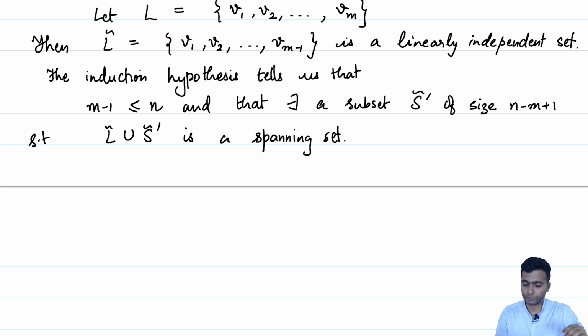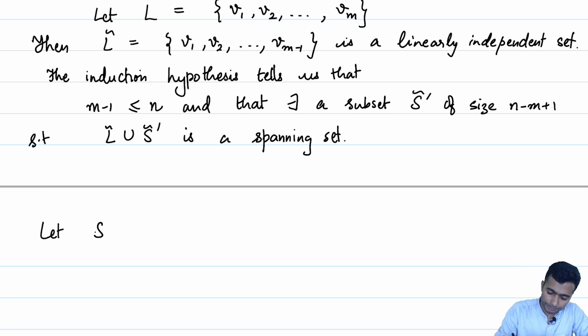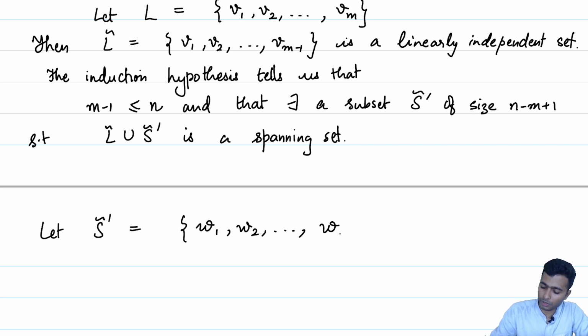All right. So, let us enumerate the vectors in S tilde prime. Let S tilde prime be the set W1, W2 up to W n minus m plus 1.